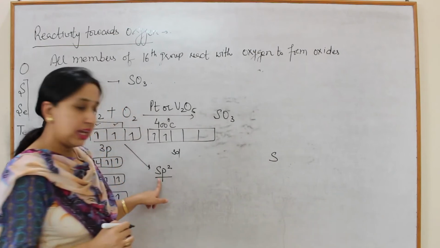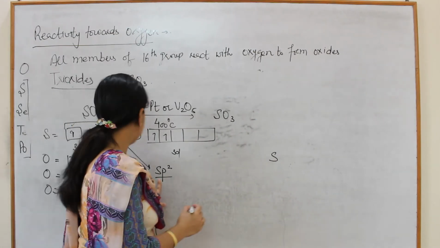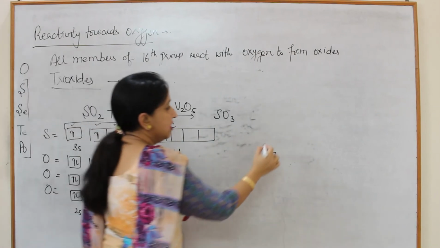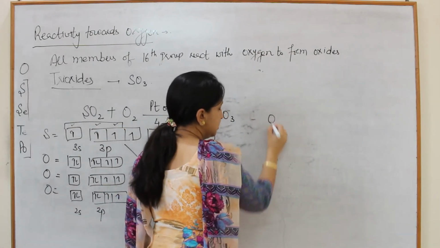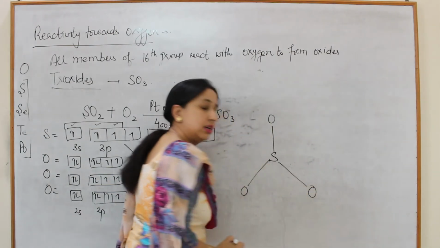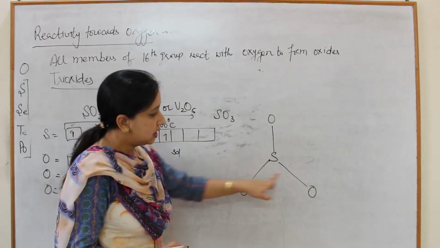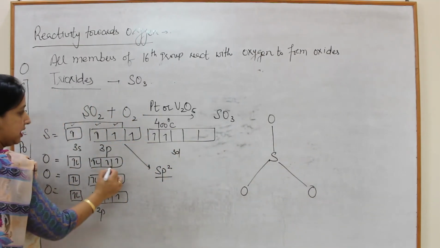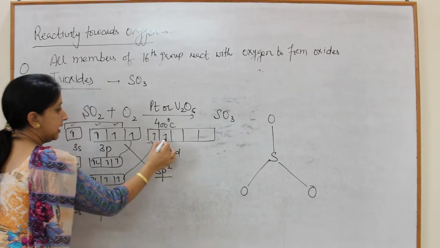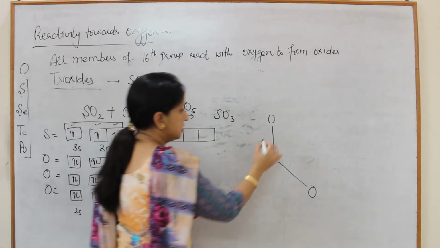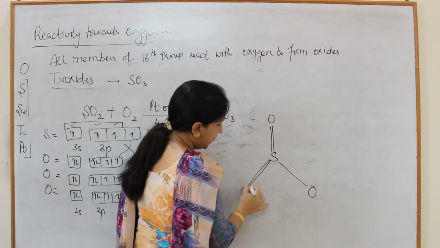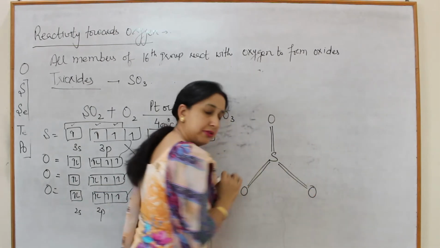Sulfur will again have planar geometry, and now there will be no lone pair. So first oxygen, second oxygen, and this will be the third oxygen. These 3 are sigma bonds. Next, first pi bond, second pi bond, and third pi bond.